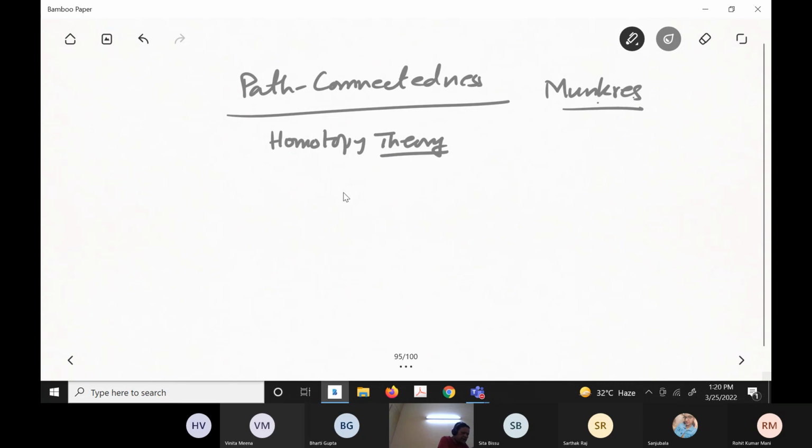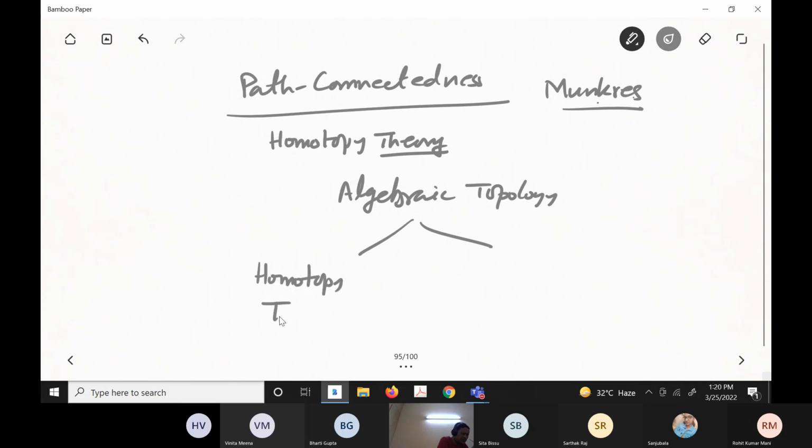And now let me tell you, algebraic topology studies topological problems with the help of algebra. Because it is called topology, but it has actually two branches apparently: homotopy theory and homology theory.